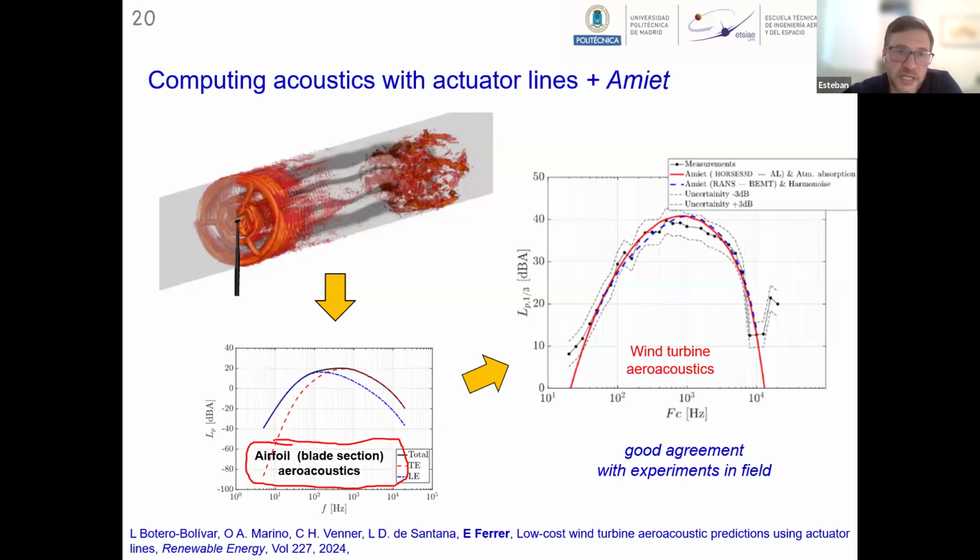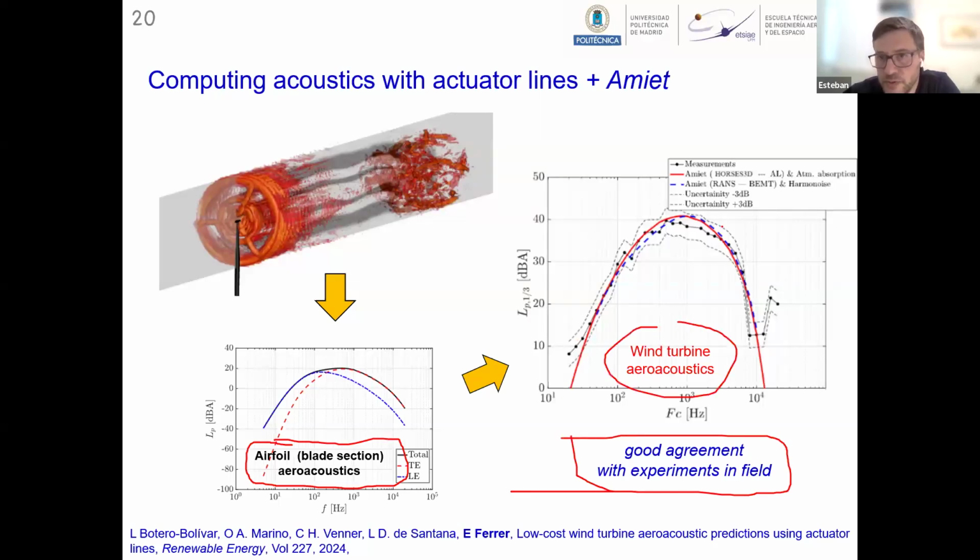We can include that into the solver as missing sources, and then we can compute the overall spectra. If we do so, we get quite good agreement with experiments in the field, where we are able to reproduce the acoustics for a whole wind turbine.